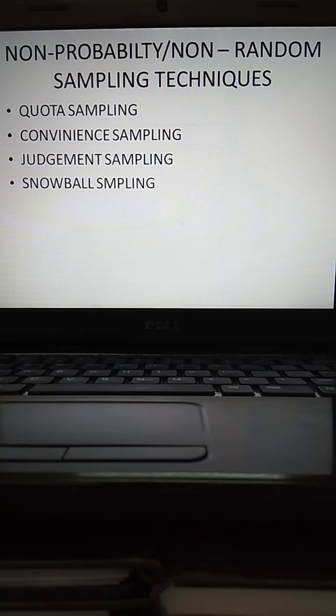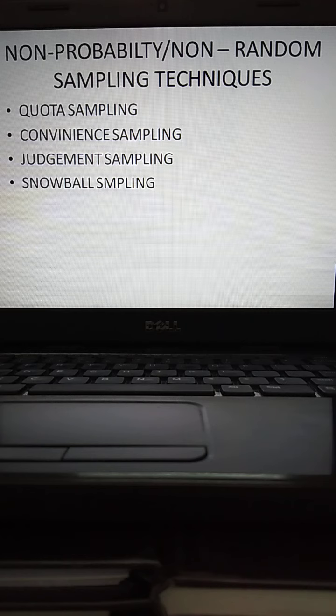These are completely biased sampling methods. The important methods are quota sampling, convenience sampling, judgment sampling, and snowball sampling. Under quota sampling, according to a prior condition, units from the population will be selected according to the given rule.